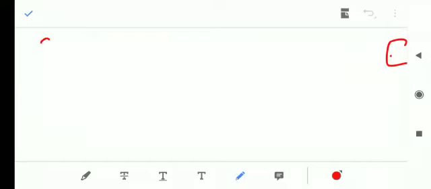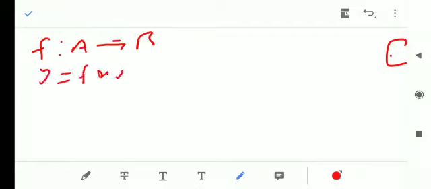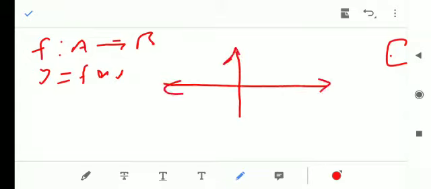Let us consider a function f from A to B, y = f(x). If we represent it graphically, we take the x-axis and y-axis.